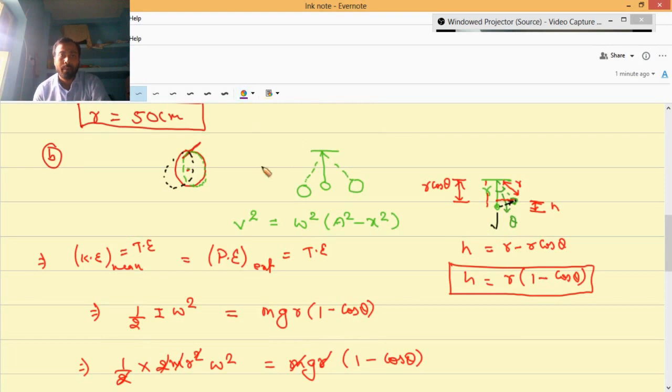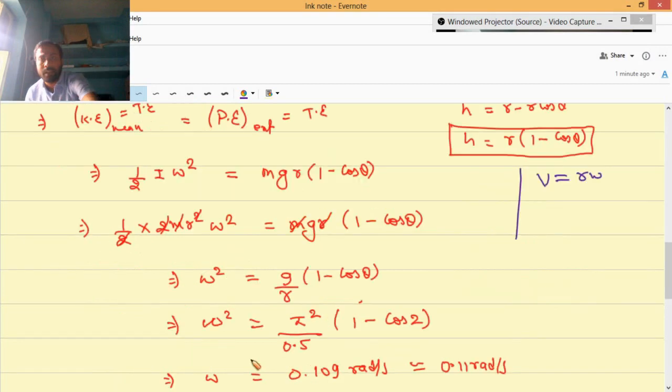We know that the relation between v and omega is v equals r omega, but in this particular problem we are asked about the velocity of the particle which is at the extreme opposite end. So by that time the r value will be exactly equal to 2r.